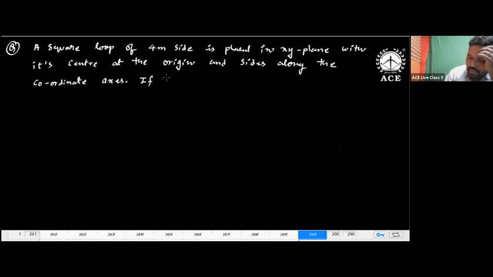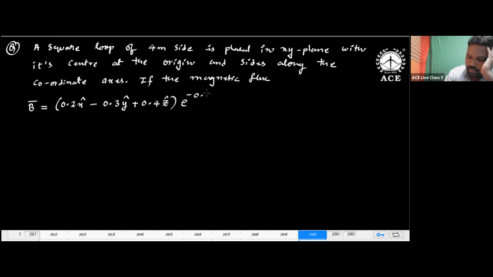If the magnetic flux density B is equal to 0.2 x cap minus 0.3 y cap plus 0.4 z cap into e to the power of minus 0.1 into t Weber per meter square.